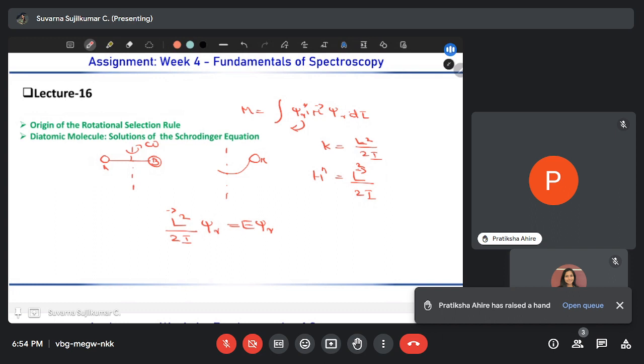The mathematical expression for this we can write as follows, which is a function of theta and phi.